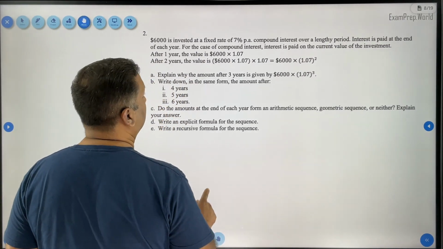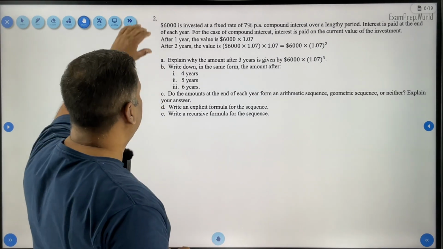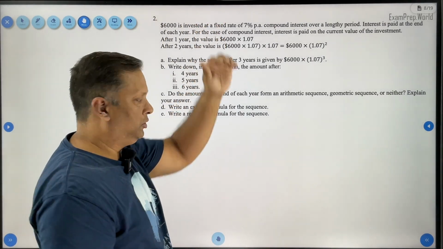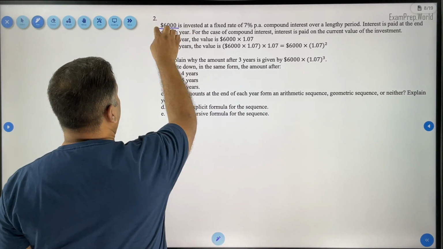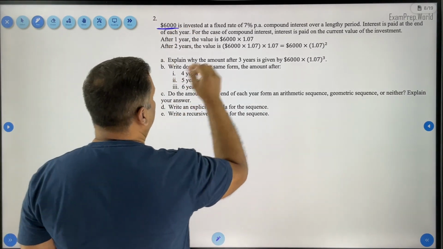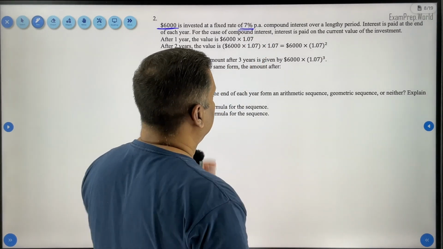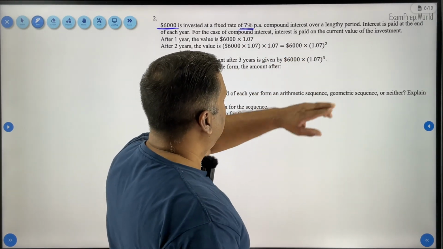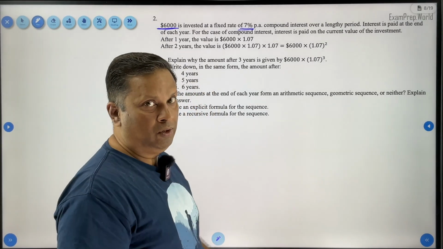So let us see this question. $6,000 is invested. So the present value of money is how much? $6,000. So we will mark that. The rate of interest is how much? 7%. Compounded over a lengthy period. The interest is paid at the end of each year. That means it is also compounding only on a yearly basis.